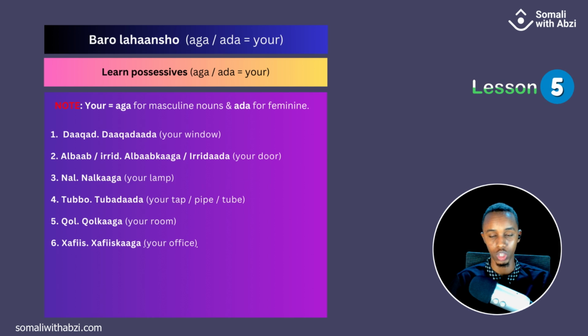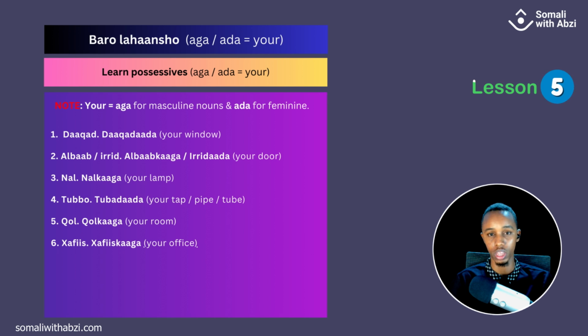Now let's go to the next section of our class, which is how we can use your in Somali language. You have to add aga for masculine nouns or lab, and you have to add ada for feminine nouns or dhadig. And before that, you have to add the definite article. For example, daqad, add a definite article, daqada. Then you could say daqadada, your window.